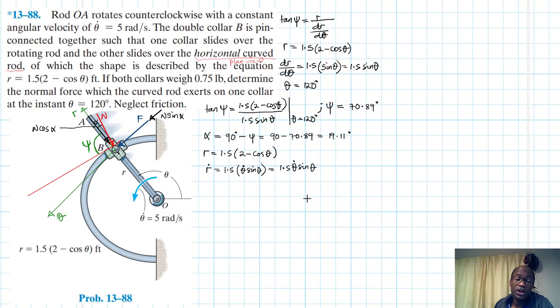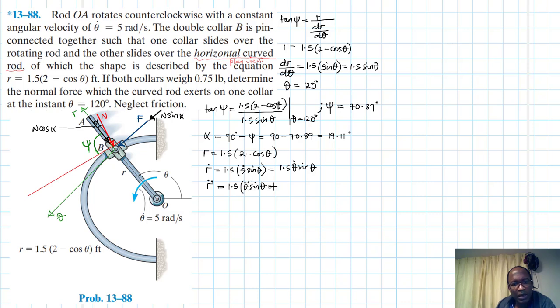chain rule. Okay, so now we are going to find r double dot, which is just the second derivative of r with respect to time. So we're going to work on this one here, and we have two functions here, theta dot and just sine theta, so we use product rule. So I'll factor out 1.5 like so. I'll make one constant, remember product rule, while the other one remains constant.